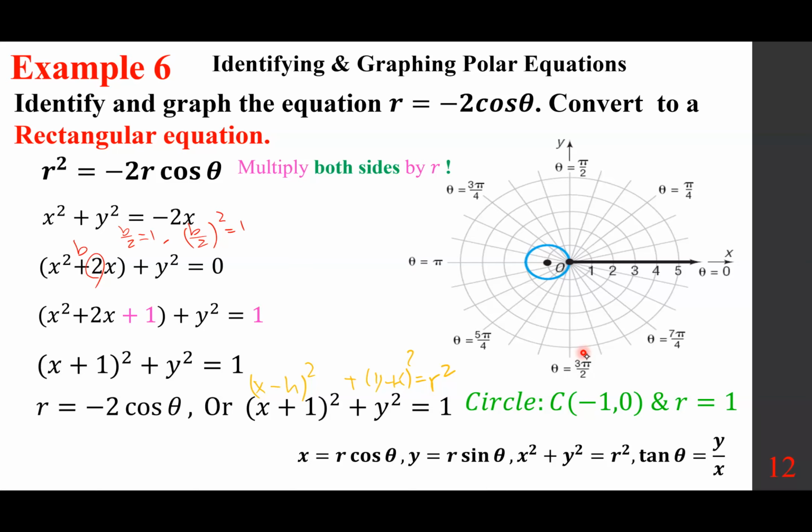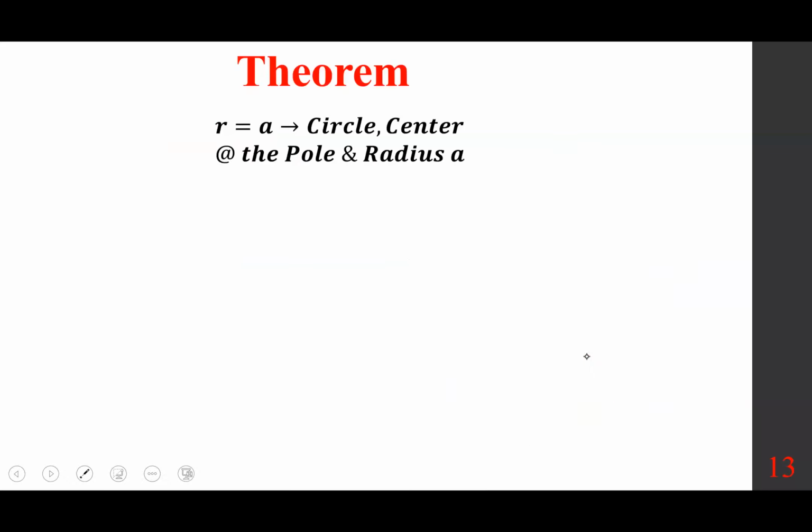So, in short, we have the following theorem. When r is a number, r equals a represents a circle centered at the pole with the radius a.